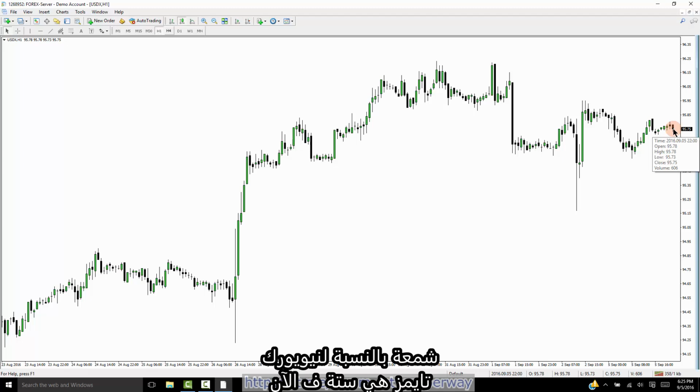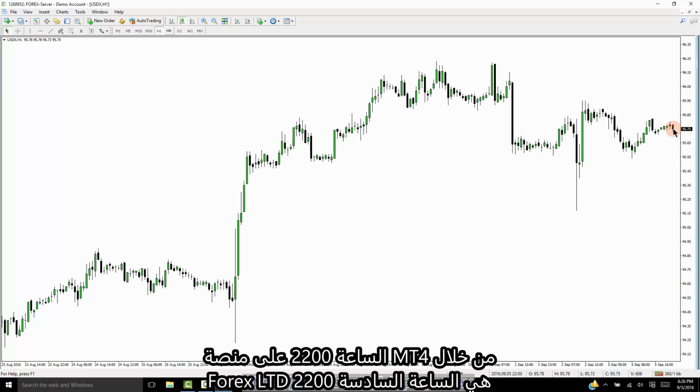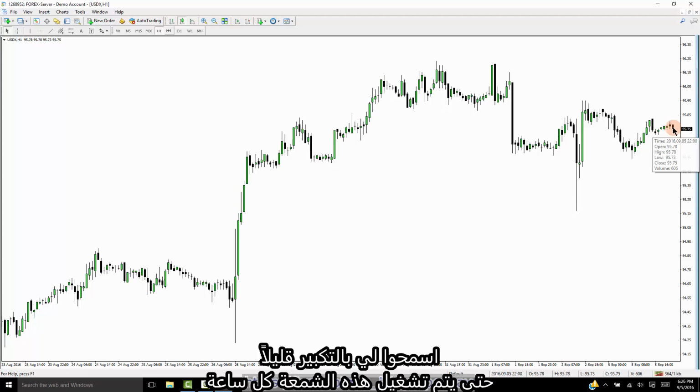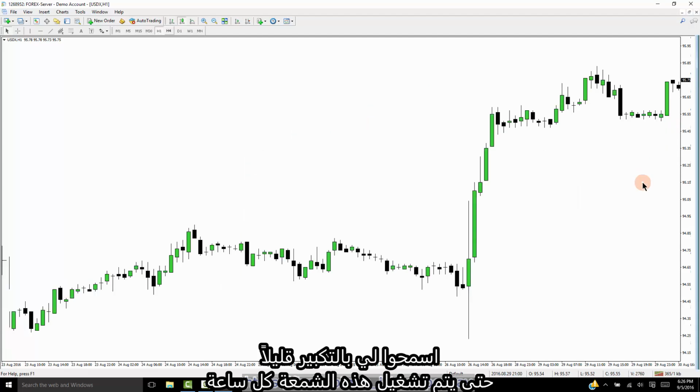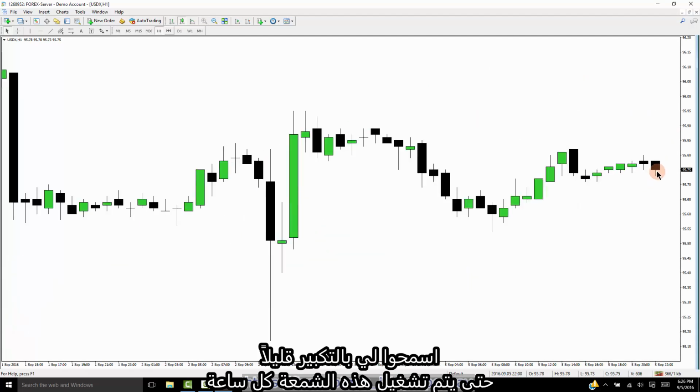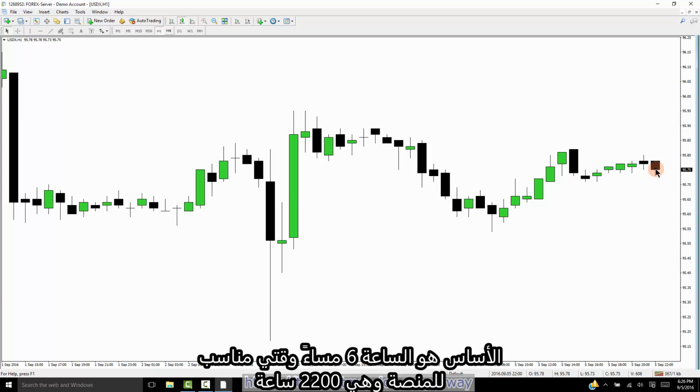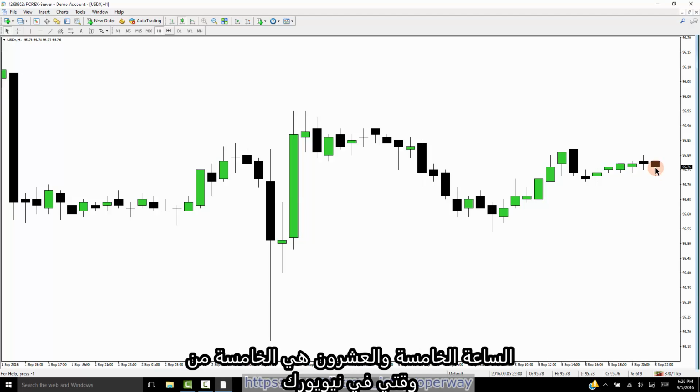Relative to New York time, that's 6 p.m. right now. So 2200 on the MT4 platform through Forex LTD is 6 o'clock. Let me zoom in a little bit more. So this candle on an hourly basis is 6 p.m. my time. For the platform, it's 2200 hours.